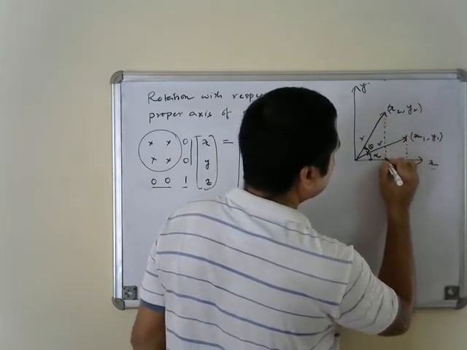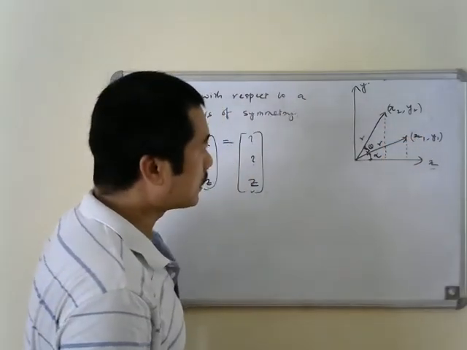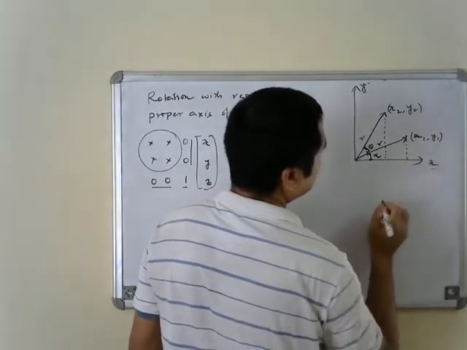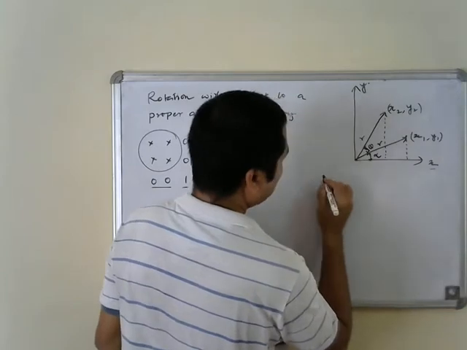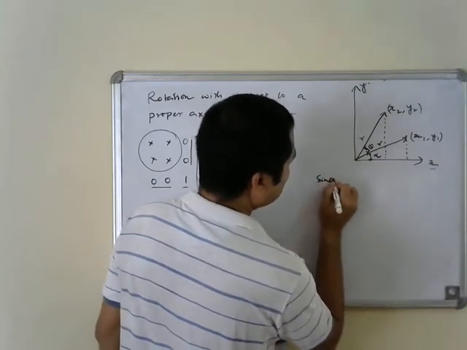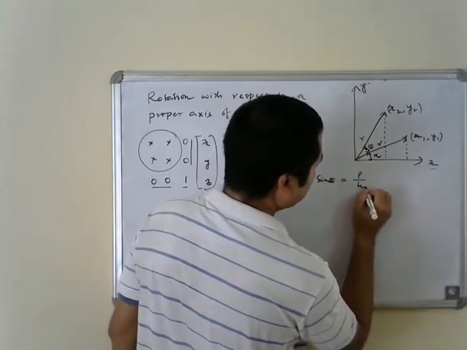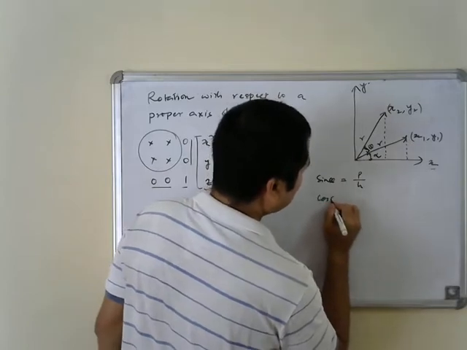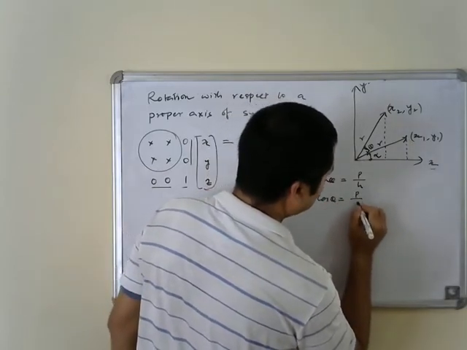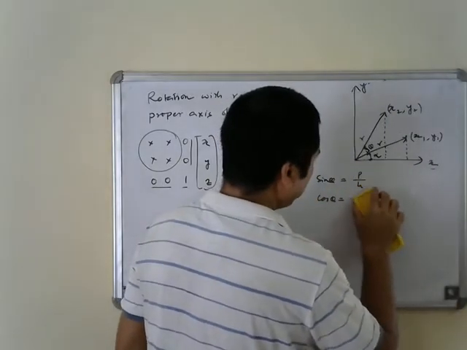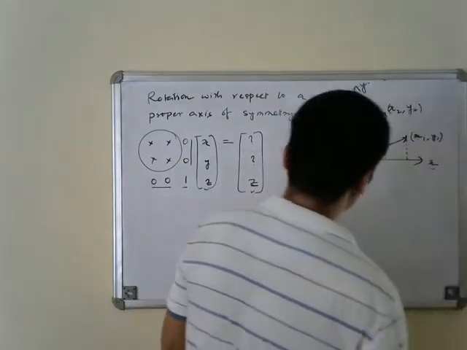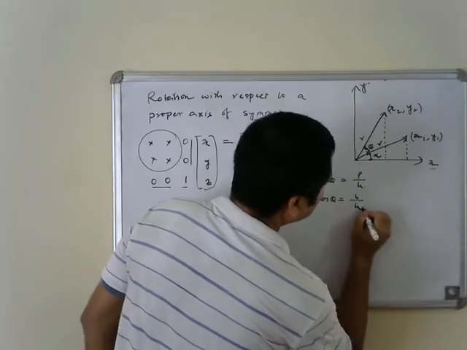Then we can draw two right angle triangles this way, and now by using the simple relation that sine theta is equal to perpendicular by hypotenuse, p by h, and cos theta is equal to base by hypotenuse, b by h.